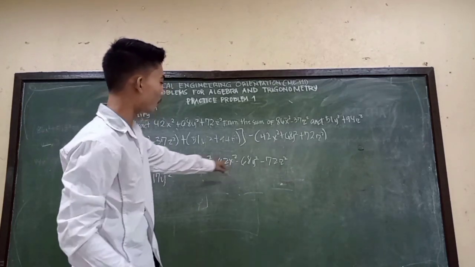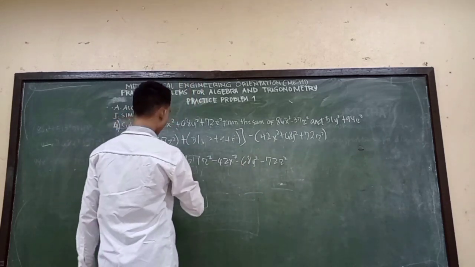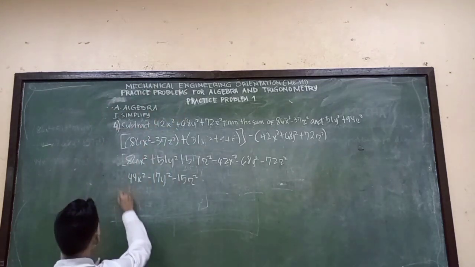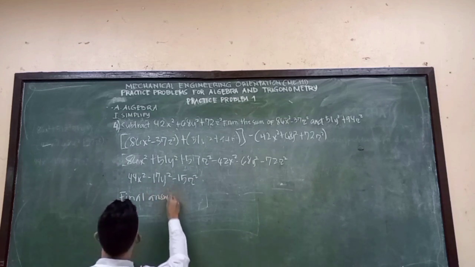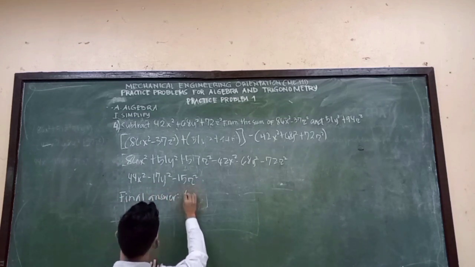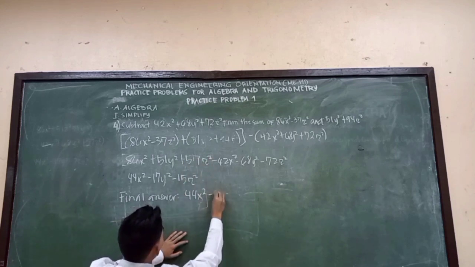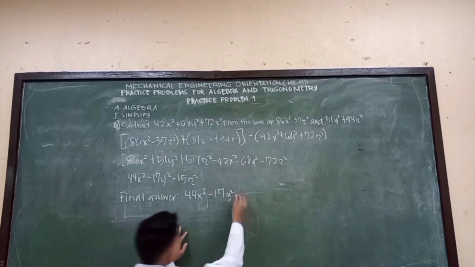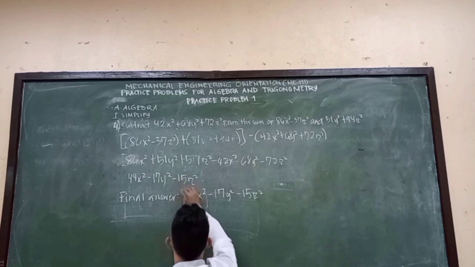Positive 57z squared minus 72z squared is equal to negative 15z squared. So, our final answer is 44x squared minus 17y squared minus 15z squared.